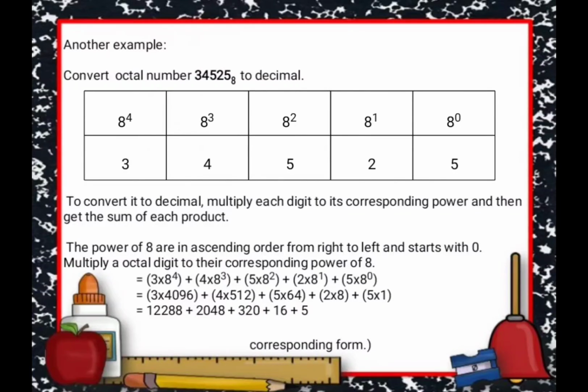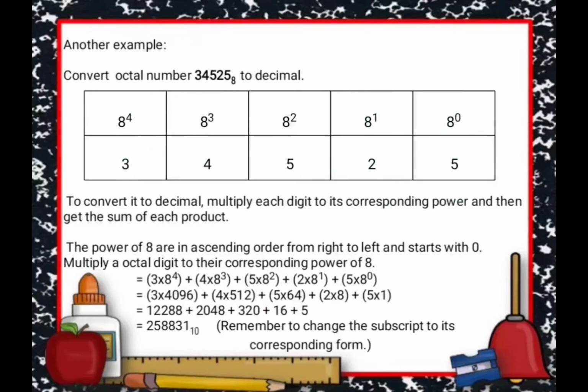So we have 12,288 plus 2,048 plus 320 plus 16 plus 5. So we have to get the sum of it all. So here we come up with the decimal number 258,831.